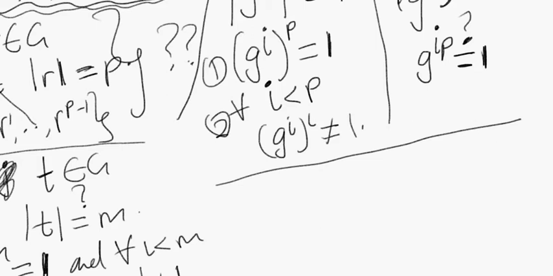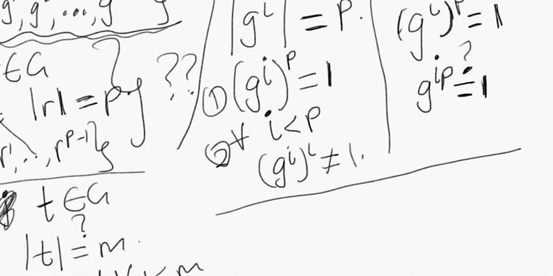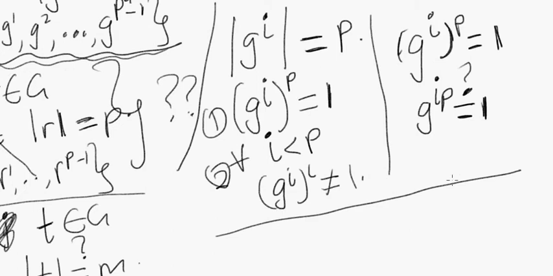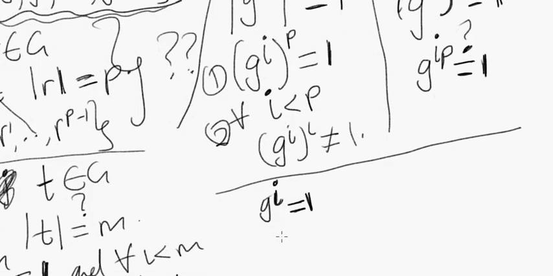You know, this group is a little different. One thing we know is, can this g to the i that we are looking for be the identity? What's the order of the identity? Is the order of the identity 1? Is 1 a prime?